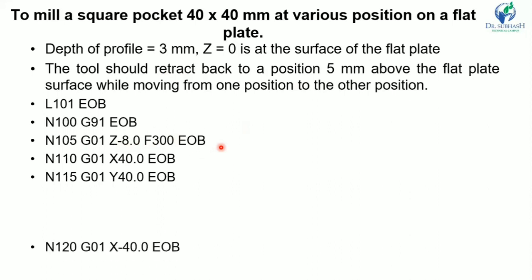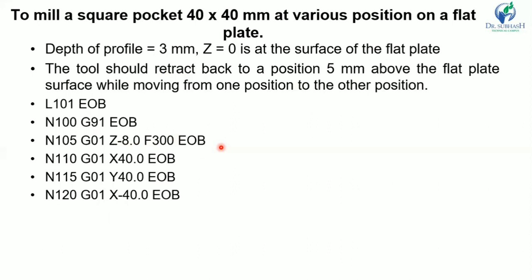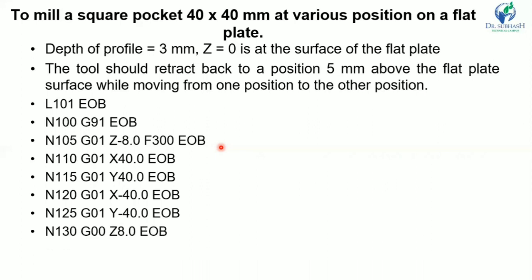Then G00 means rapid traverse, Z8: the cutter moves 8 mm in the Z direction, that is 5 mm above the flat surface.